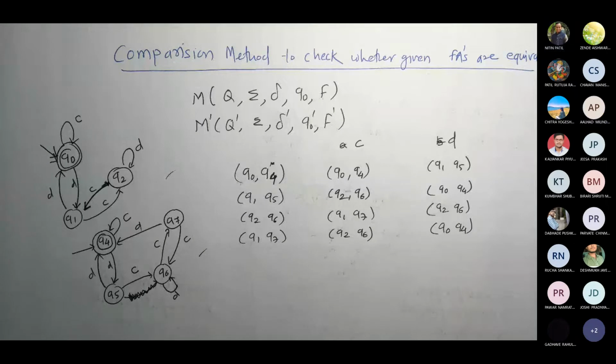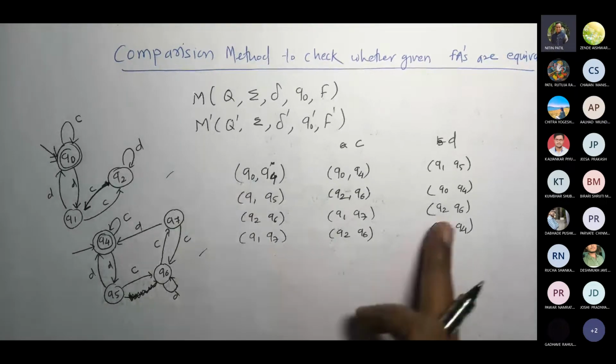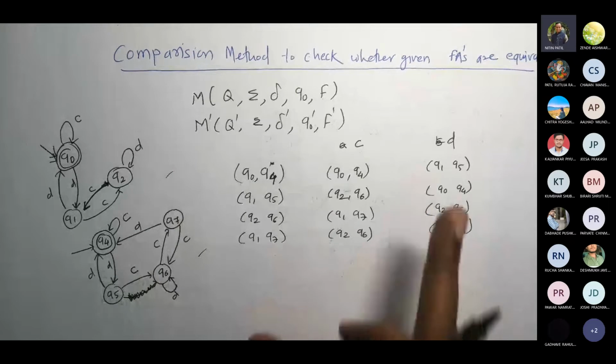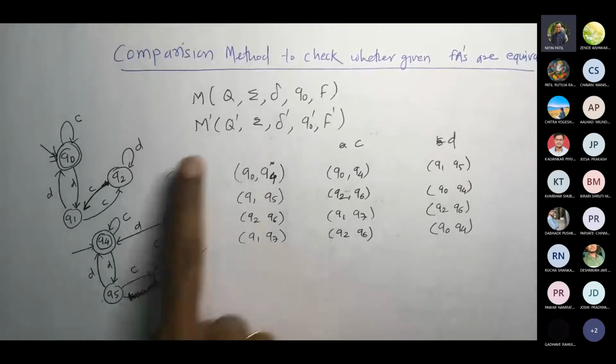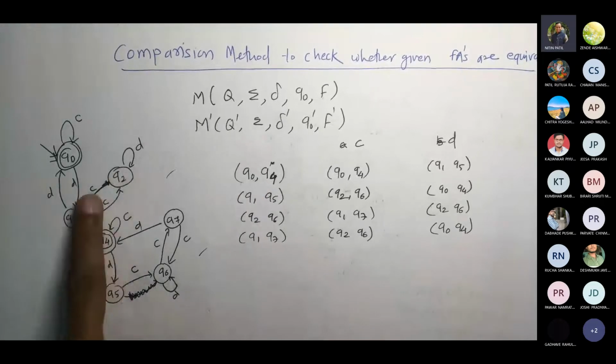Yes, sir. So we constructed this comparison table. Can somebody explain how exactly we constructed this? We constructed a table with n plus 1 columns, where n is the number of inputs. The inputs are C and D, so 2.